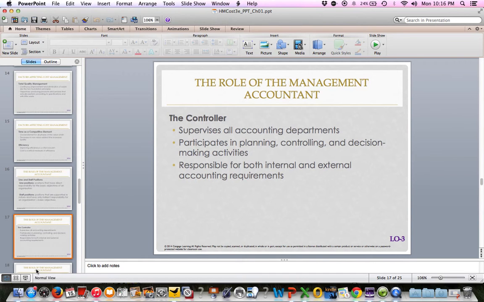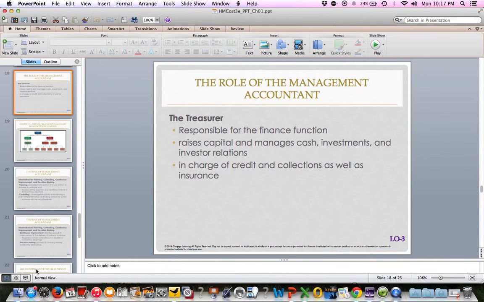Planning is kind of just thinking about the future, what are the future activities that the business will undertake. Controlling, are we doing things the right way? Do we have good internal controls? Are we being efficient? And of course, making decisions. And quite often is responsible for both internal, which is more of the management accounting side, and external, which is more the financial accounting side.